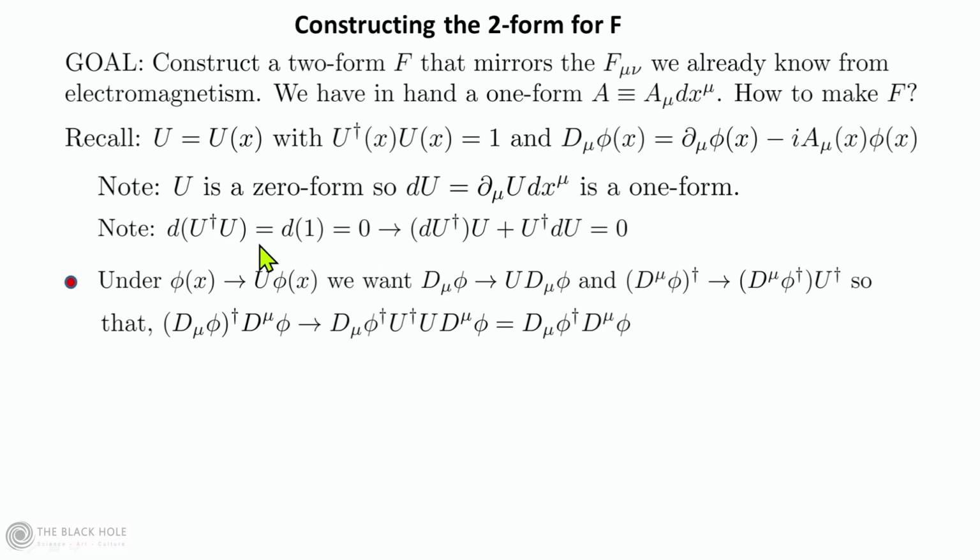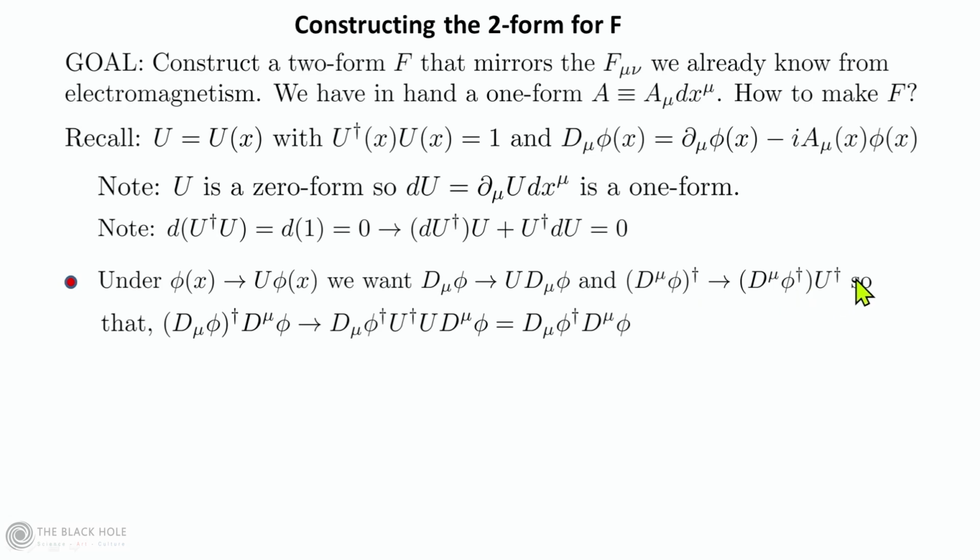We want a Lagrangian which is a scalar under the transformation φ(x) goes to U acting on φ(x). So we want the covariant derivative to transform like this. So when φ goes to Uφ, we want D_μ φ to go to U D_μ φ. And of course, its Hermitian conjugate, which you would like to transform in this way.